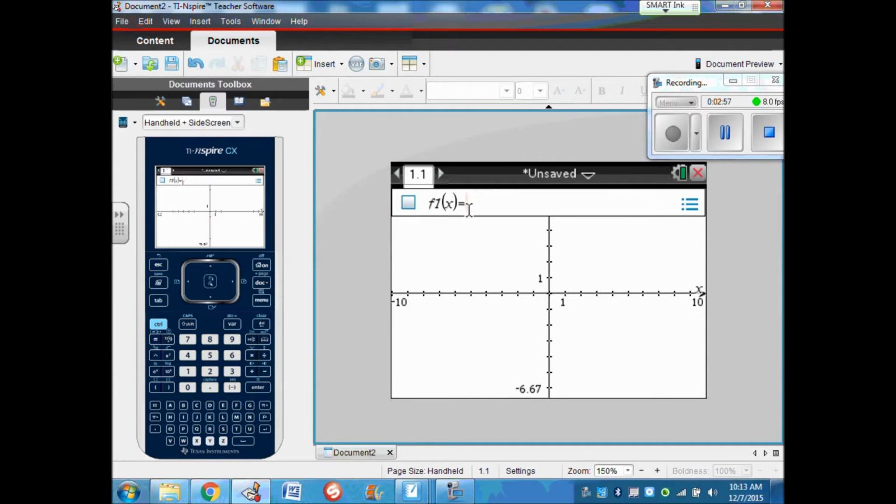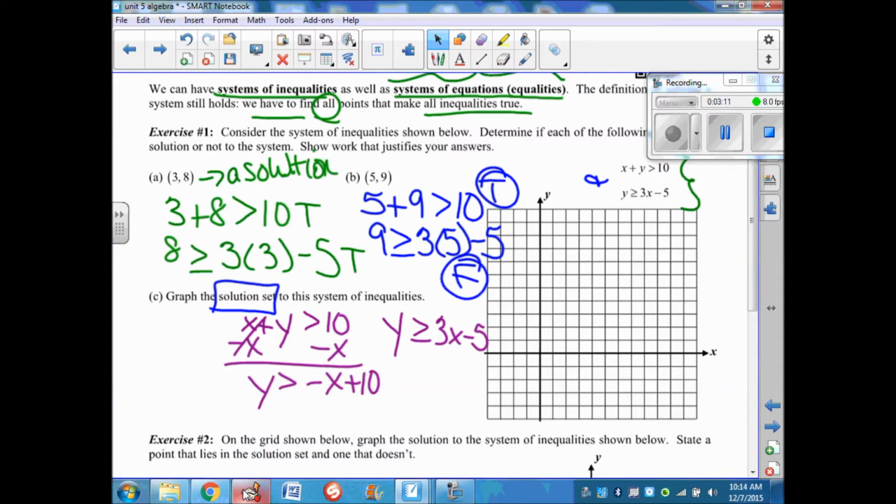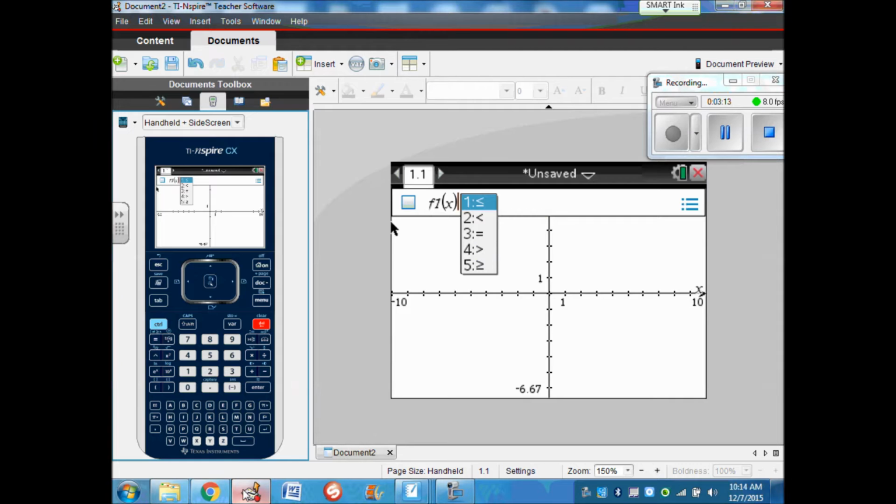Because we have an inequality, obviously our calculator graphing portion comes up with an equation. If you just hit the delete key, it will bring up the inequality symbols that we need to use. That first one was negative x plus 10. I got a greater than.